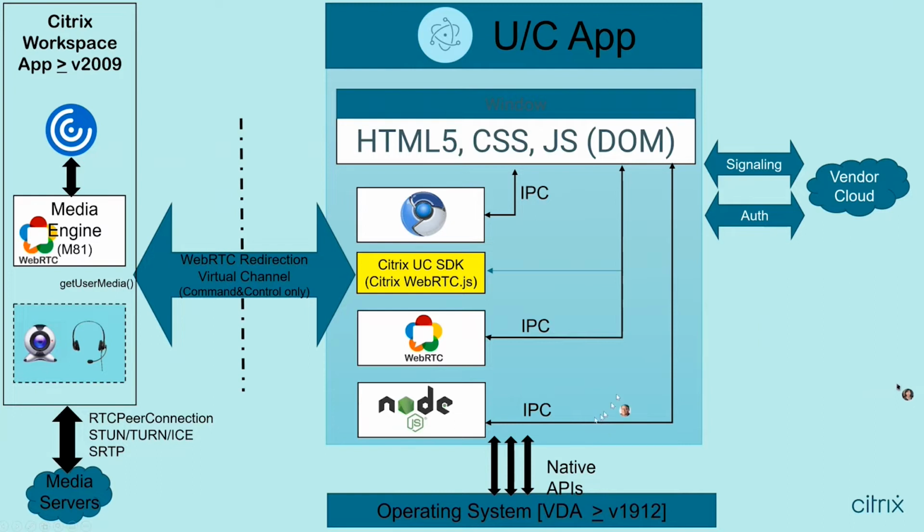So this is very important if you have an application that actually talks to other apps, right? Let's say, for example, your contact center application where you're taking your phone number from another app. All those applications are going to be executed inside the virtual desktop. And then only when you click on the call button, the media engine starts and runs on the client side.